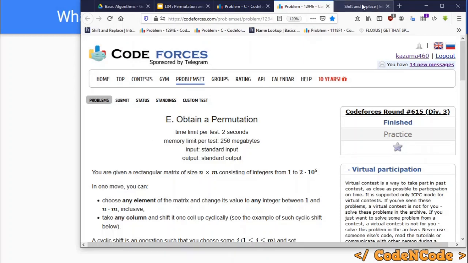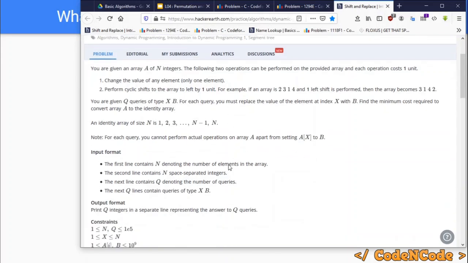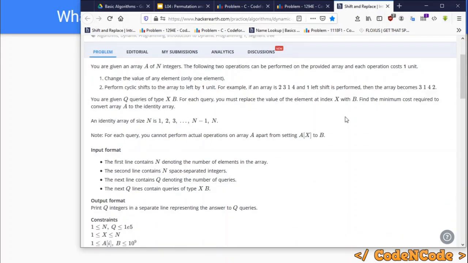Now after that, this is a problem that appeared in a long circuit. I don't remember in which circuit it was. Circuits on HackerEarth are the same as long challenges on CodeChef. I guess this is a 6-day challenge. This problem also utilizes the same technique.